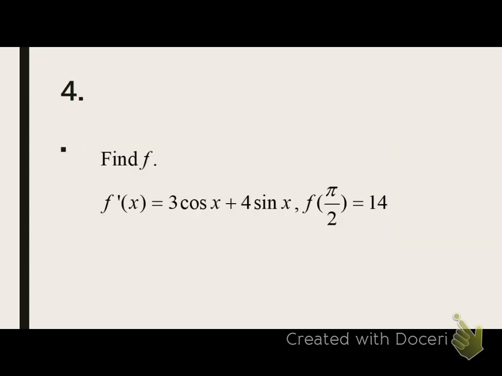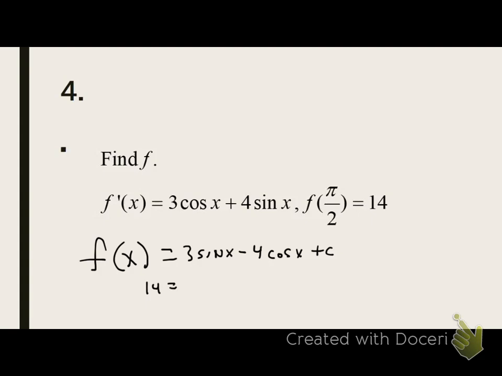Let's take the antiderivative. So f of x equals, what's the antiderivative of cosine? Sine. So 3 sine x. What's the antiderivative of sine? Negative cosine. So negative 4 cosine x plus c. And then I tell you f of pi over 2 is 14.